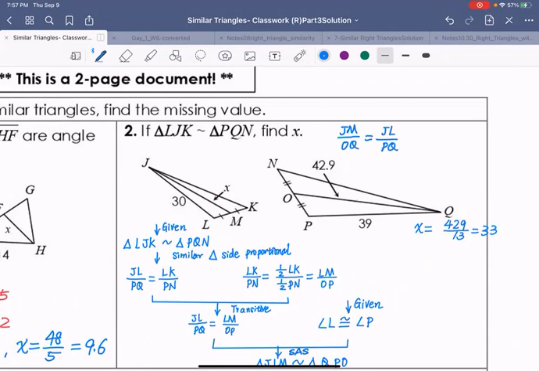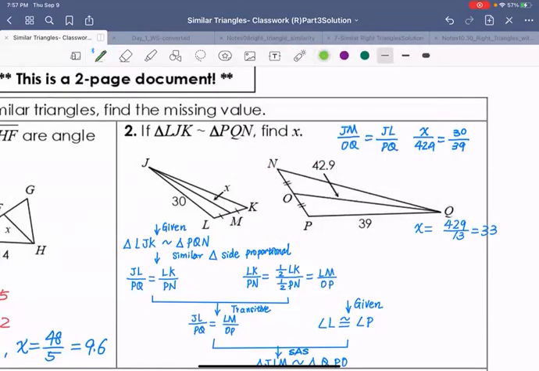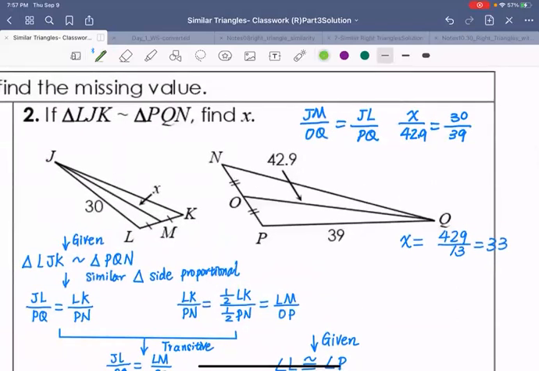X over 42.9 equals 30 over 39. Can we simplify this? Go ahead. 10 over 13. Now let's cross multiply.